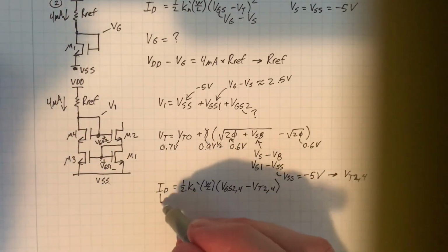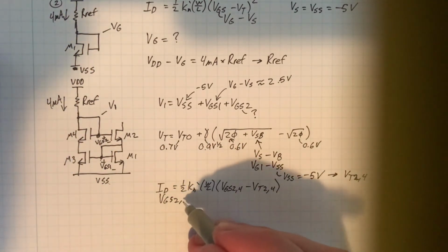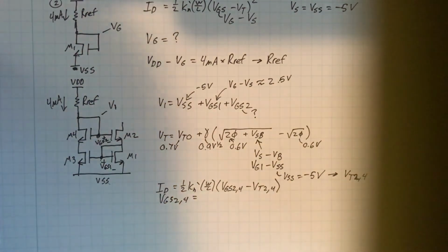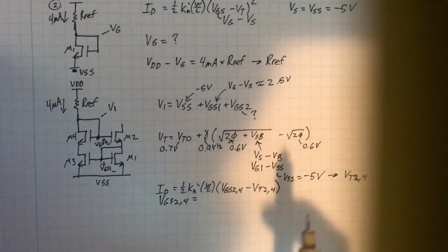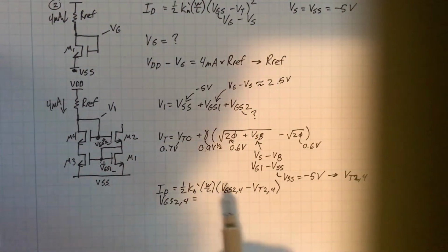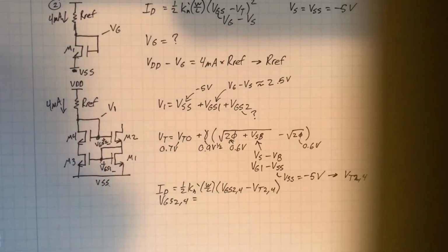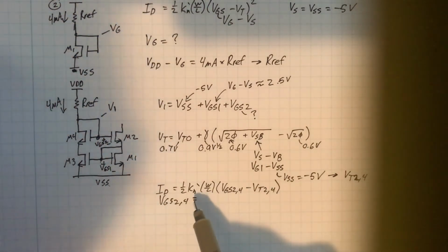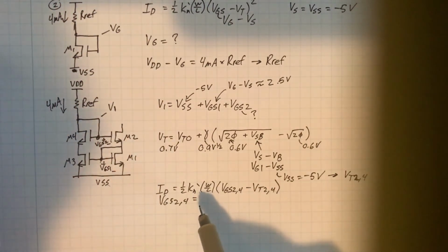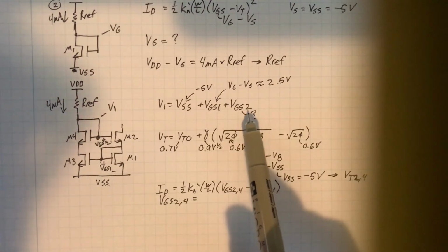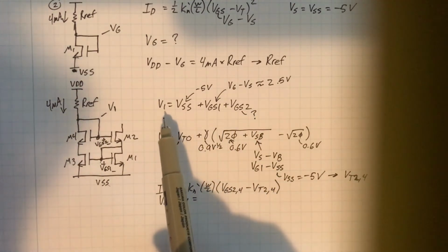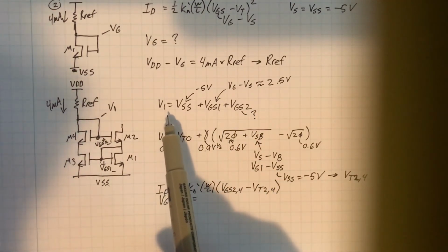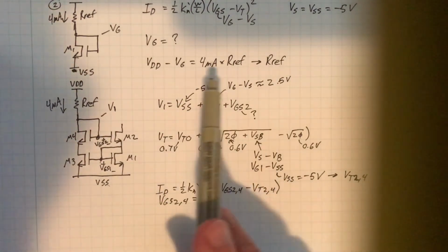And you can solve that for VGS 2,4, because you'll know the threshold voltage now, the other parameters are the same as what you've been using, and ID is 4 milliamps still. So once you have that, you can plug that up here to figure out what V1 is. Once you know V1, it's just Ohm's law again to figure out RRef.